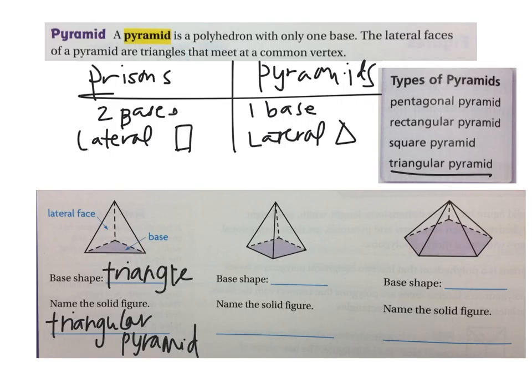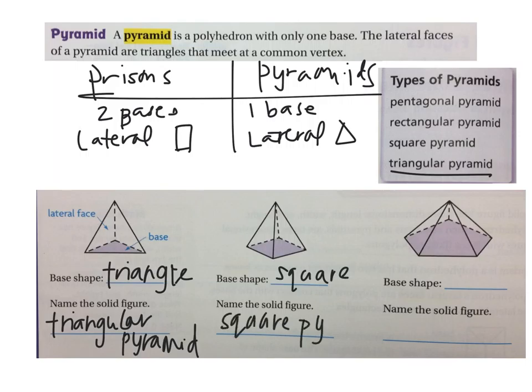Jason, let's take a look at the next one. What is the base shape of the next figure? It's a square. Then what kind of solid figure is this? We could be even more specific. Look at your word bank. We can call it a square pyramid. Make sure you write this down so you have your notes.